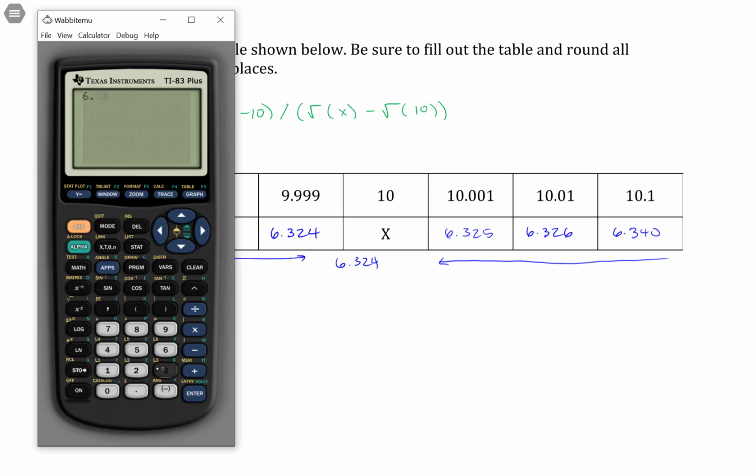So 6.324 plus 6.325 and then divide by 2. And that gives me 6.3245. And when you round that, it's 6.325. So that's the only reason I chose that one instead. So that should get you the correct answer.